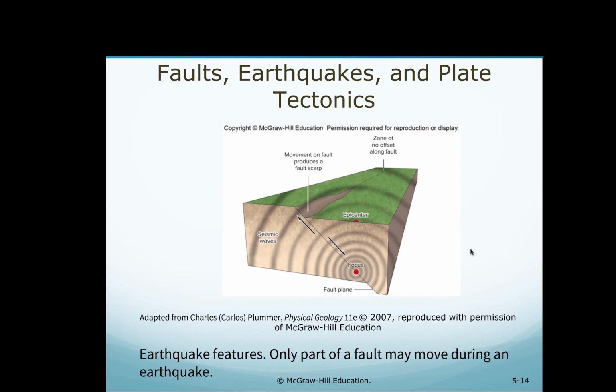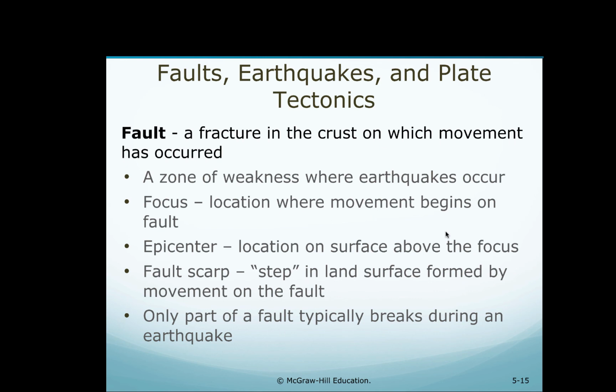Earthquake features. Only part of a fault may move during an earthquake. A fault is a fracture in the crust on which movement has occurred, a zone of weakness where earthquakes occur. The focus is the location where movement begins on a fault line.